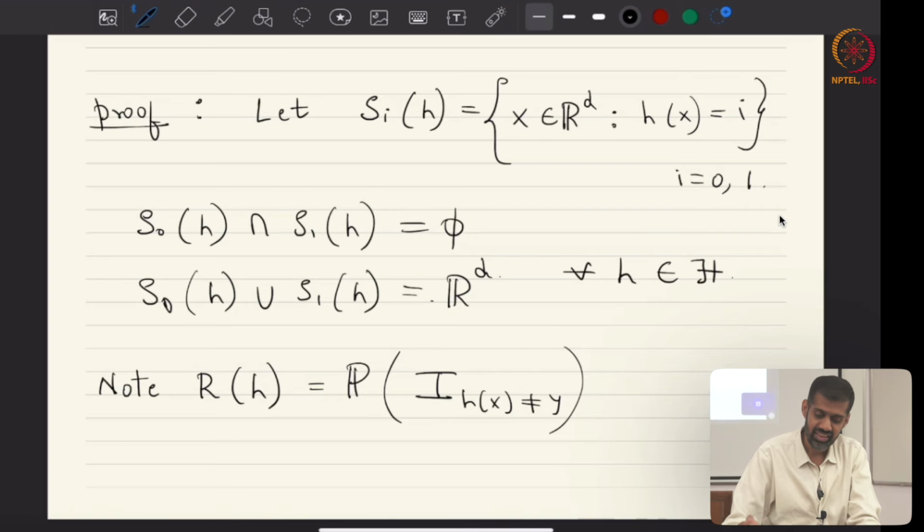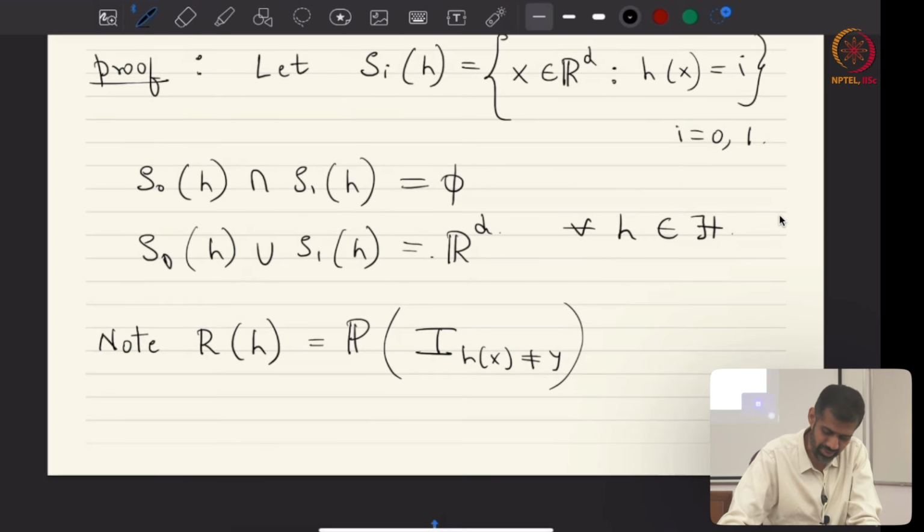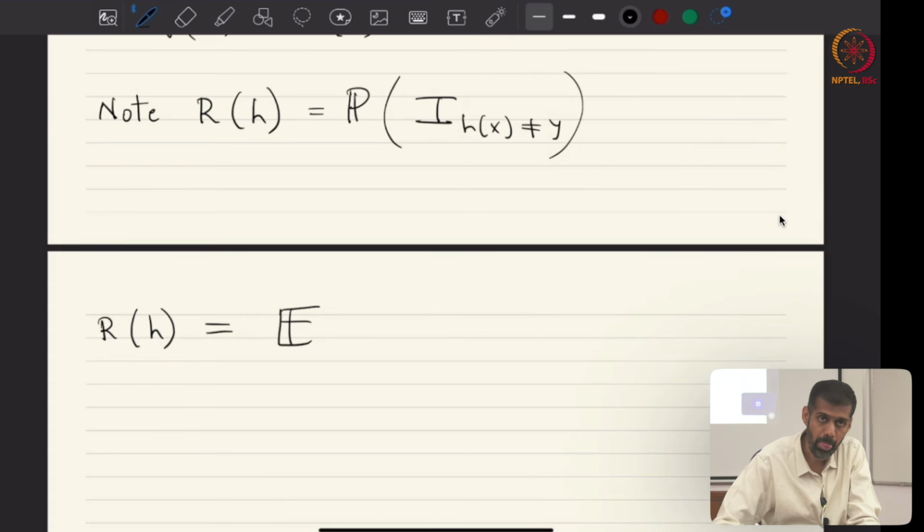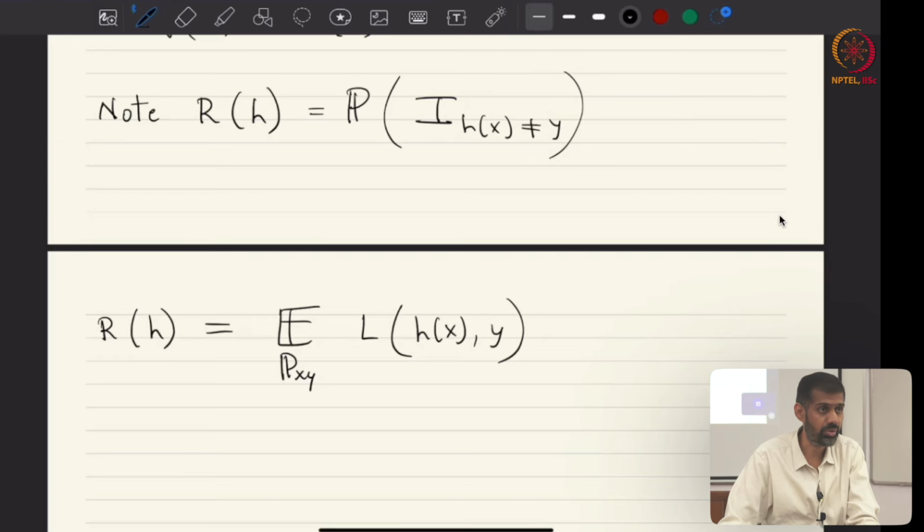Why? It's because of the following. We will actually use this result in a different way. So what is the risk for this particular case with 0-1 loss for a binary classification problem? It is the expectation of the loss function under the joint distribution. Now this loss function is an indicator random variable.